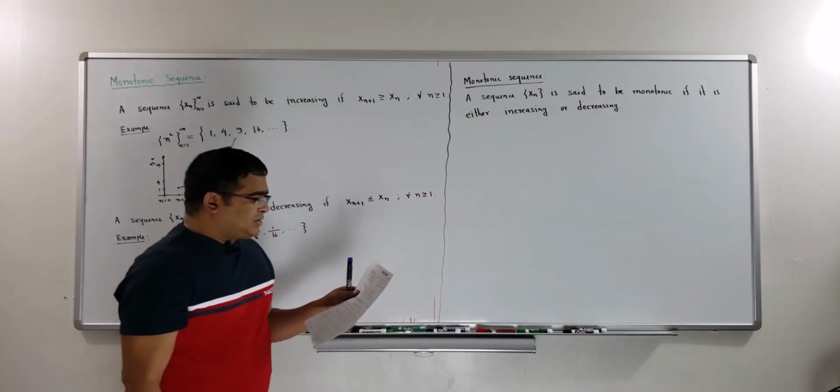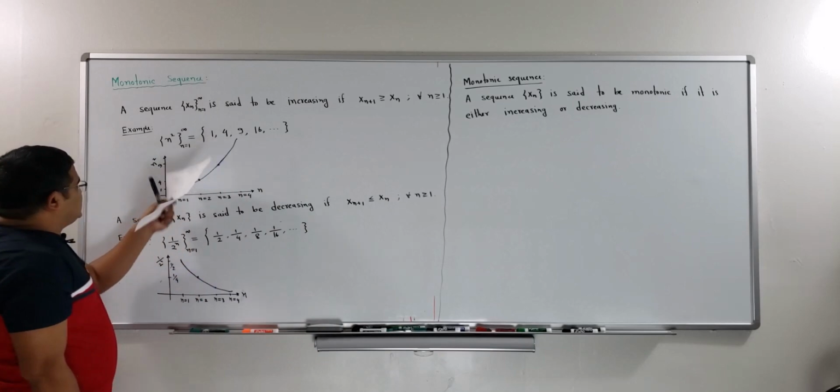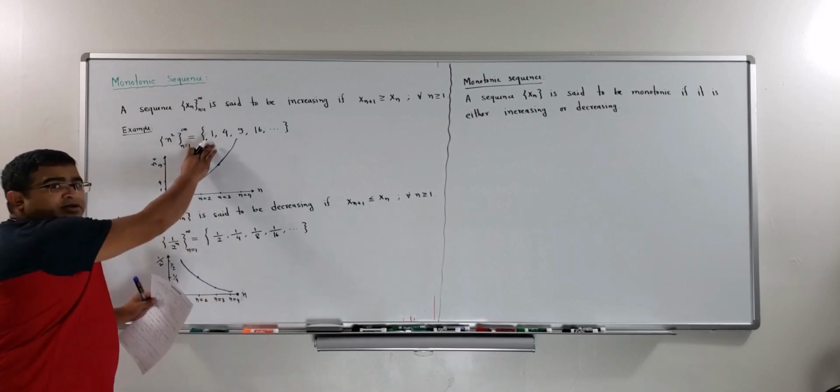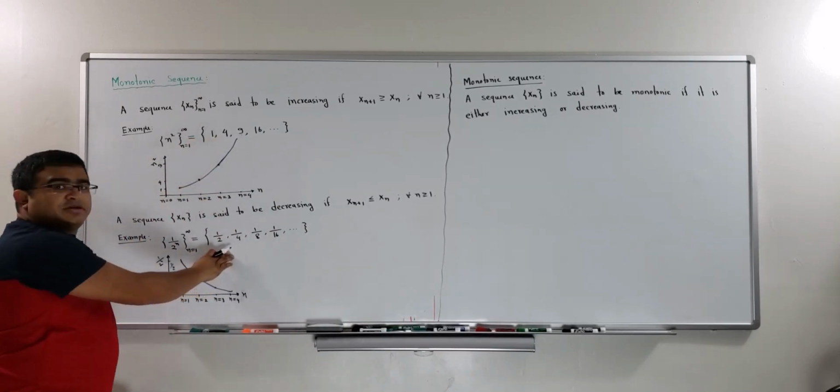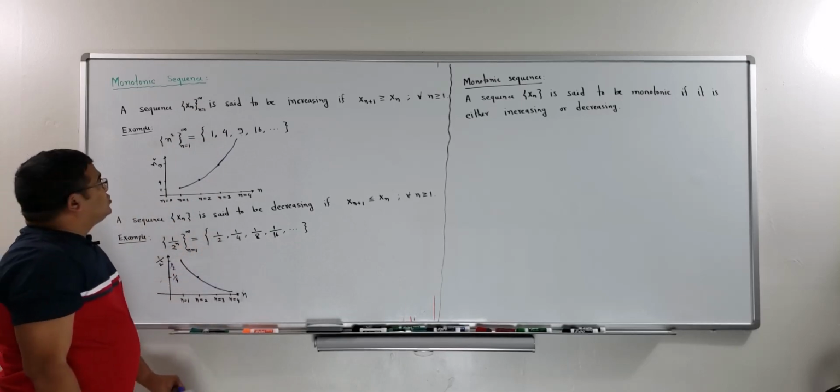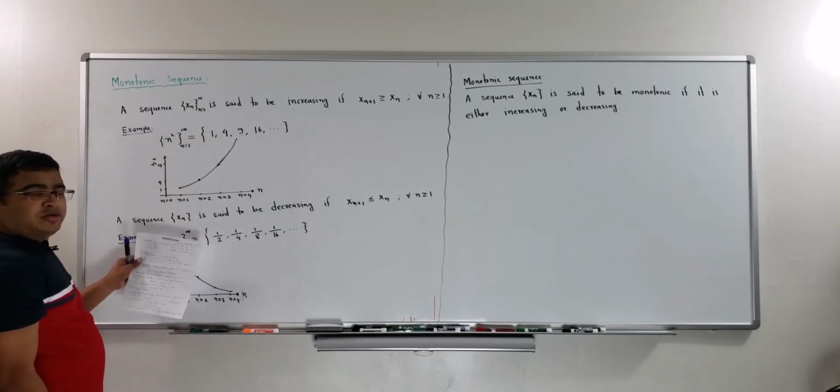Here we gave two examples, and this one is monotonic because it's increasing. This one is also monotonic because it is decreasing. So both are monotonic sequences.